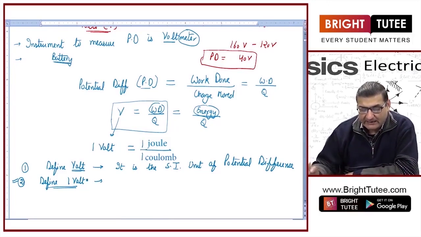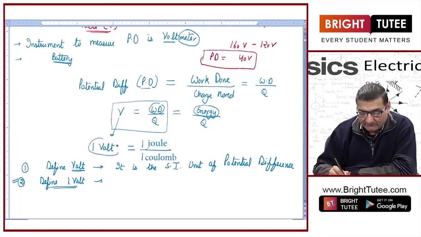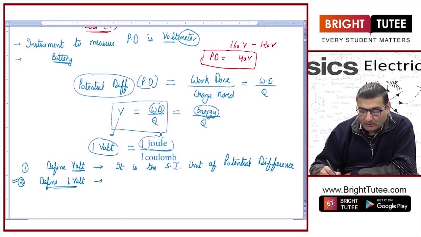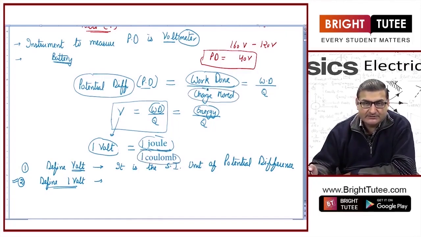So when I define 1 volt, I will say that 1 volt will be the potential difference when 1 joule of work is done in moving 1 coulomb of charge.